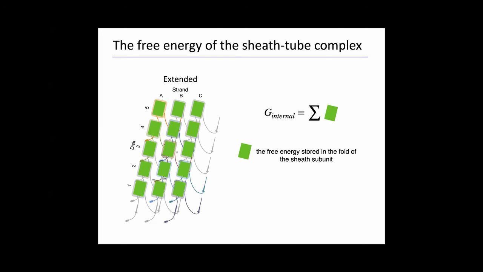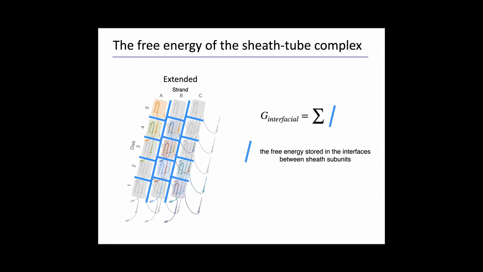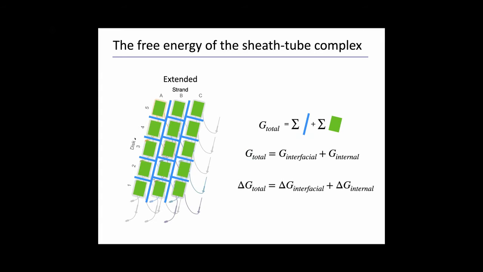The total free energy consists of 2 parts, and free energy is an additive function. There's a free energy associated with the fold of the protein, and there's also free energy associated with the interfaces between these proteins.